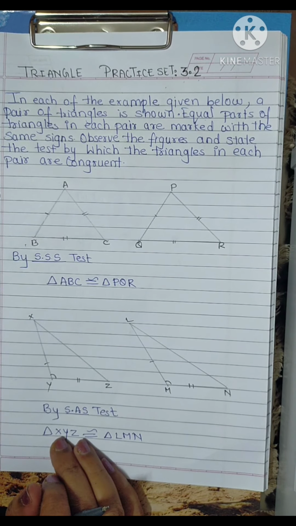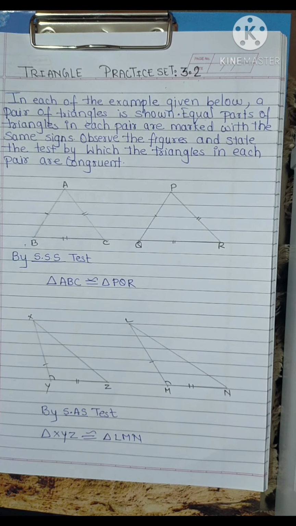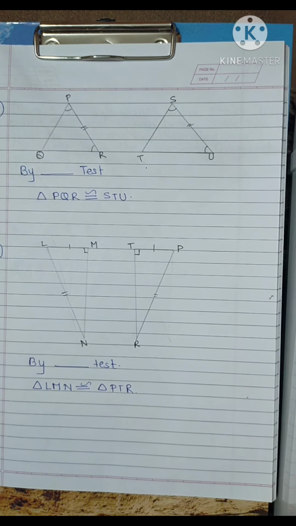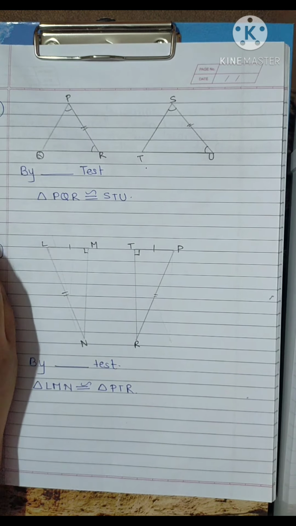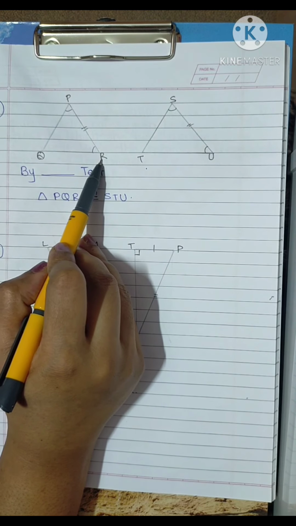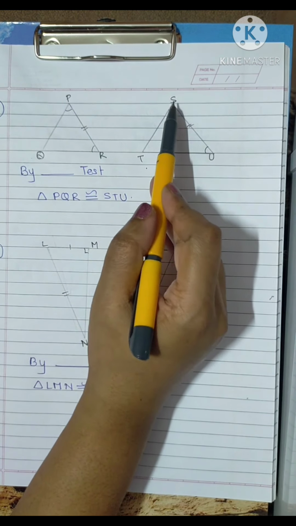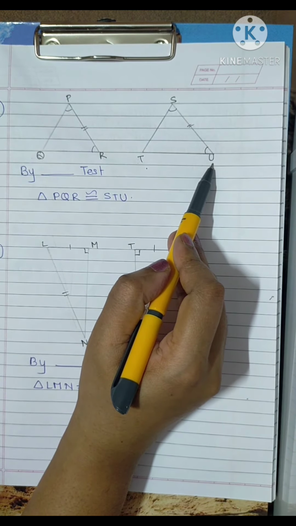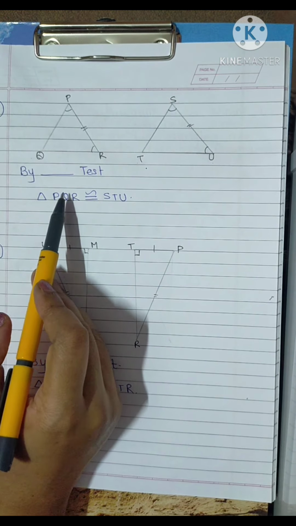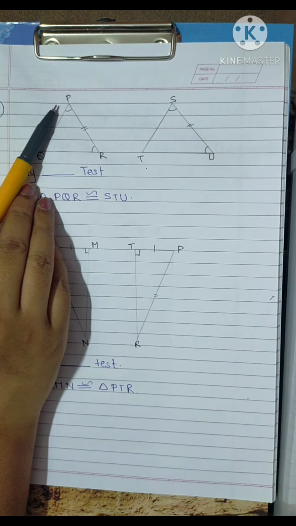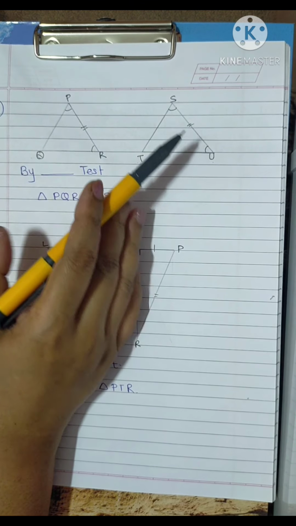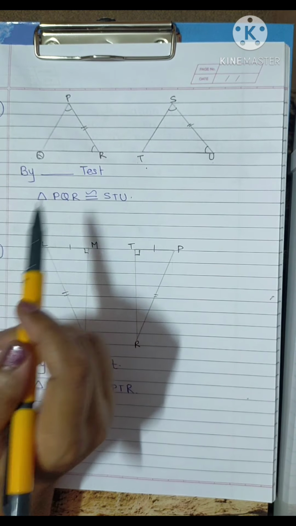Now we'll move to the third figure. Diagram number 3 is given. Triangle PQR is congruent to triangle STU. Here you can see segment PR is congruent to SU.